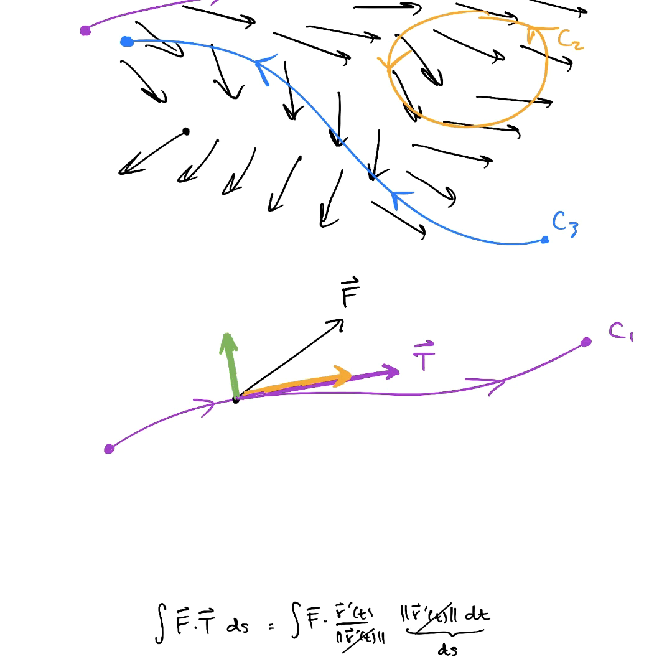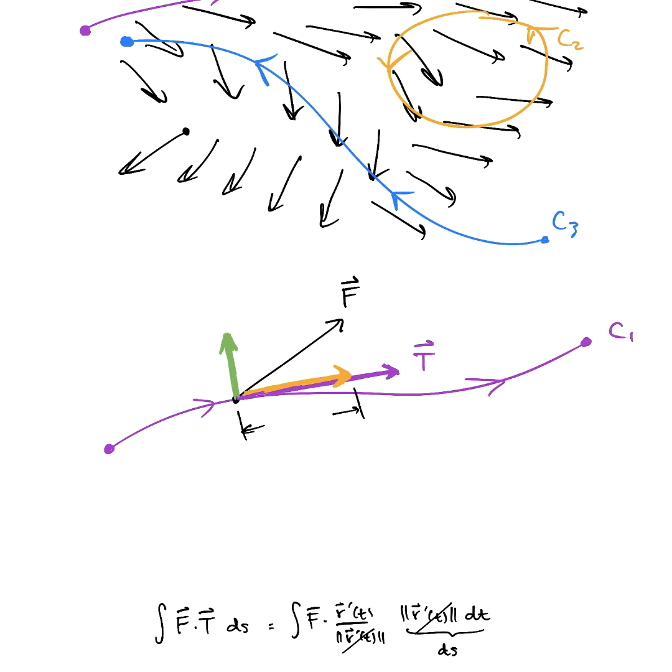So what if we wanted to find this length here? Well, that's the projection of big F onto big T. That's the projection of black arrow onto purple arrow.